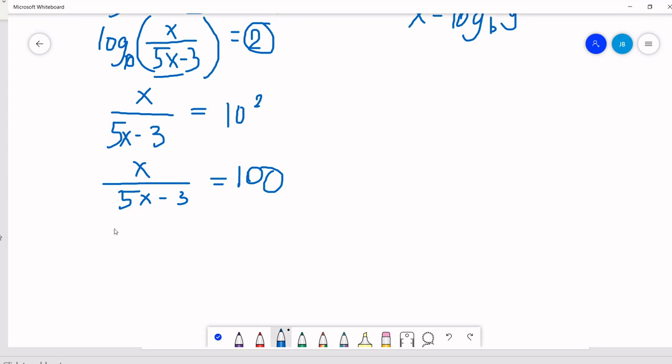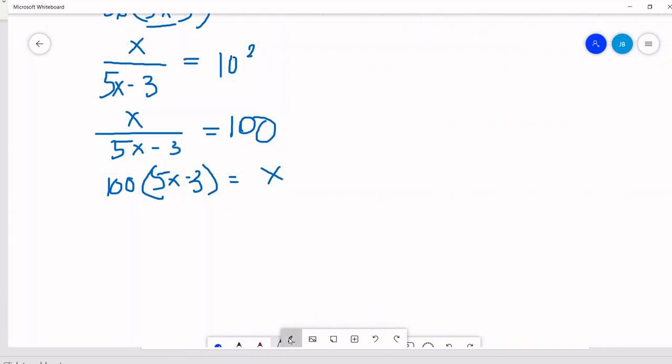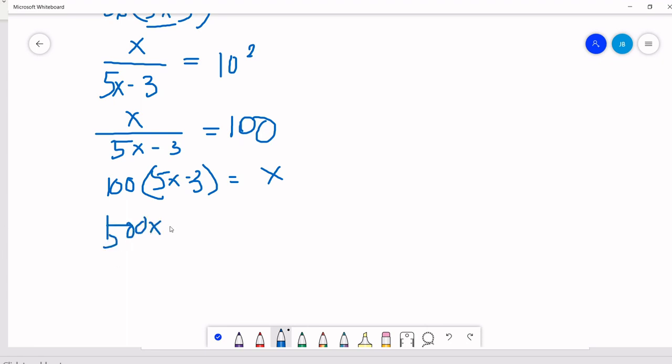Then to find x, we cross multiply, or we multiply both sides by 5x minus 3, or simply do this. Therefore, that would be equal to 500x, sorry. So distribute, minus 300 is equal to x.